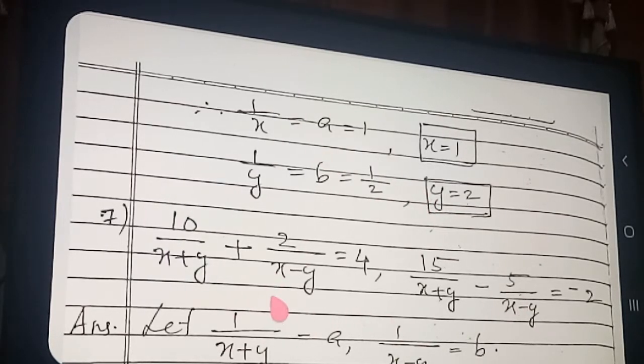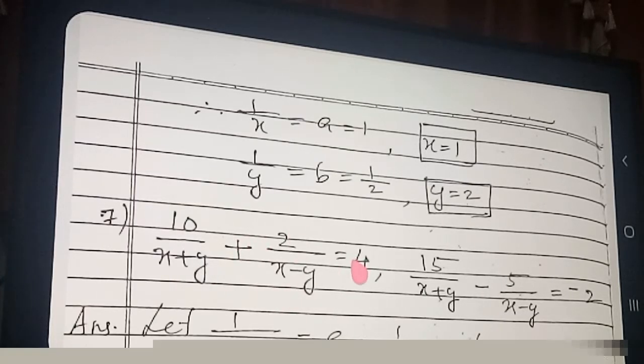Question number 7. Go through the sums properly. 10 by x plus y plus 2 by x minus y is equal to 4.